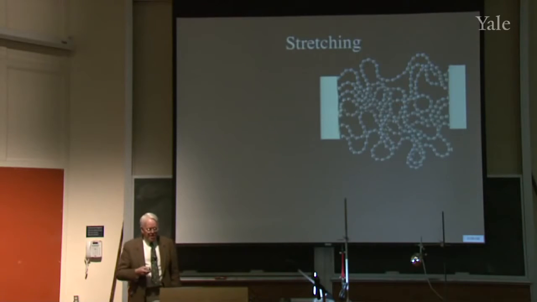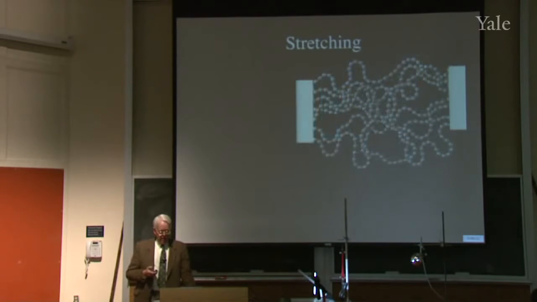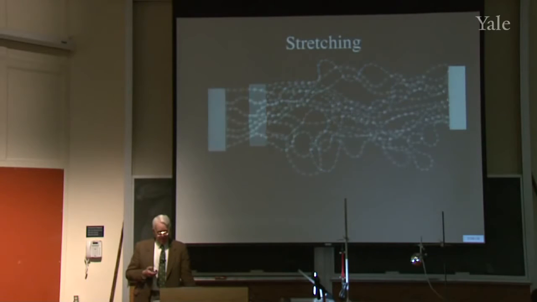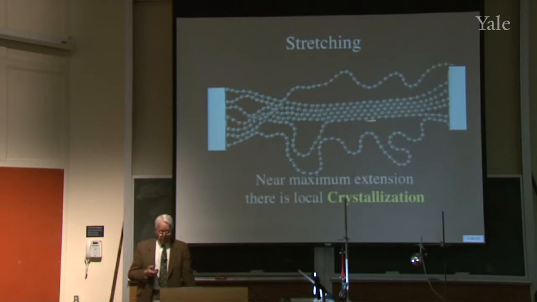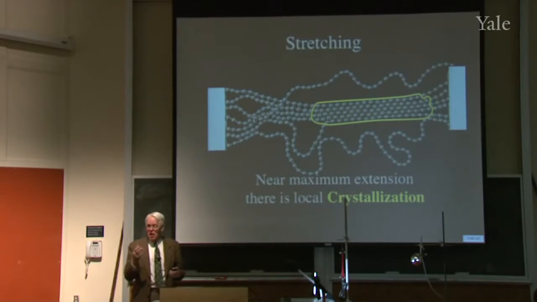So if you have a whole bunch of these polymer chains and you start to stretch them out, they're all tangled around, and as you stretch, they get more and more parallel to one another. And finally, some of them will get near one another enough to crystallize, just locally. I mean, these aren't like diamonds, right? But little local units of the thing are together.